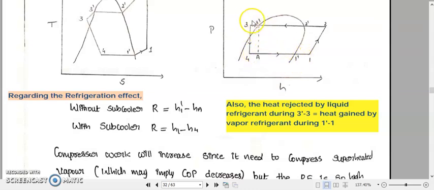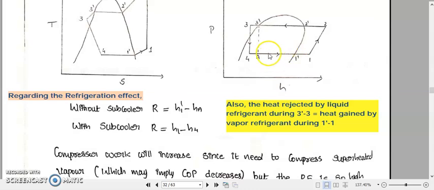If there was no subcooler, there would not be any superheating either. So in a standard vapor compression refrigeration system, A to 1 would have been the only refrigeration effect.